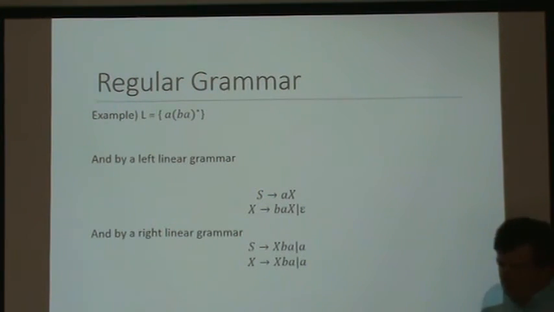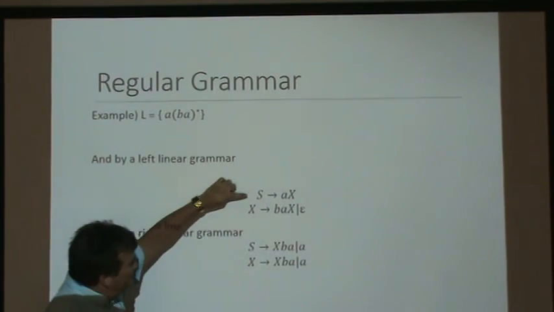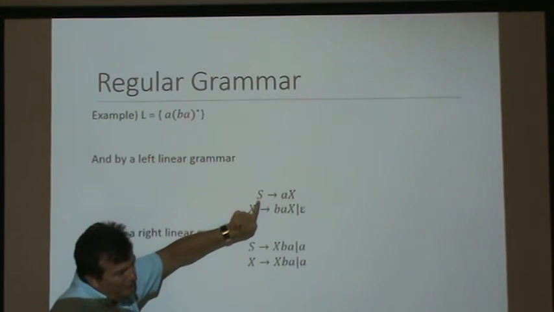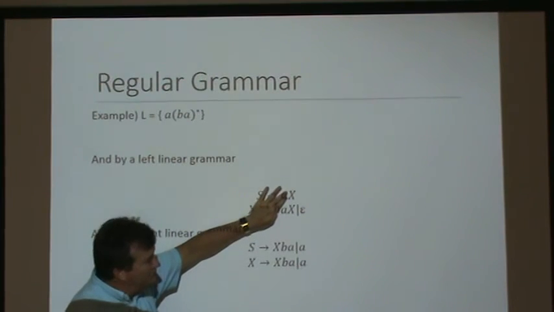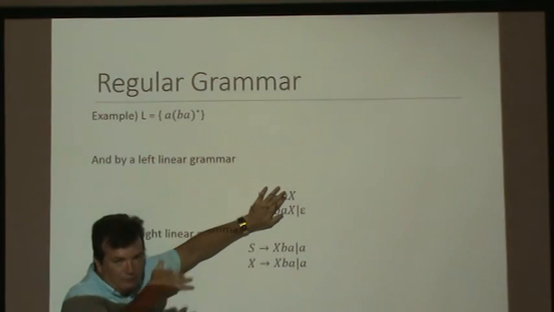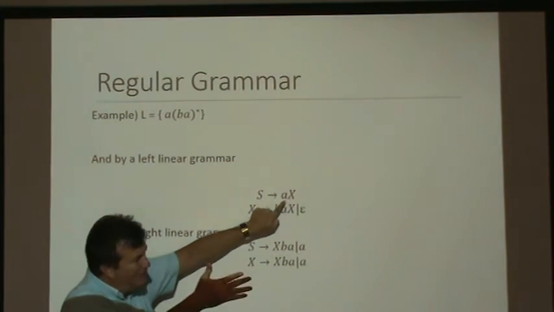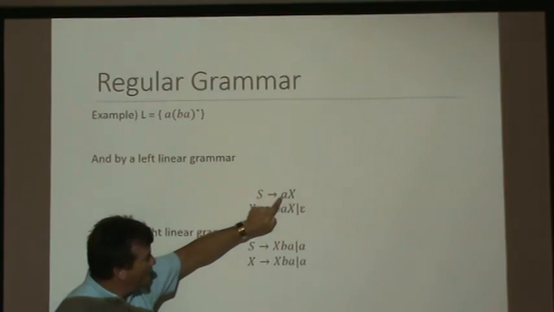So again, this is terminals and non-terminals. We have a start symbol, and we say every sentence in our language, or every string, starts with an A and then has something after it which we have to further define. So it starts with an A and then it has this thing after it, and here's the thing after it. So that would be like in our English case, we would have a noun and a verb.